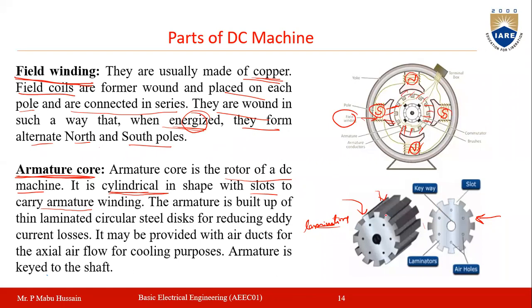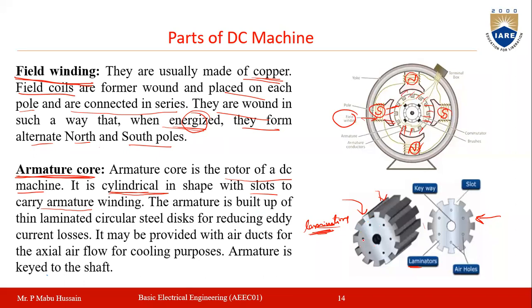Generally you remember that this armature core is a laminated core. Laminated core in the sense that we are not going to use a solid core. We will have laminations, and those laminations are stacked together to form this cylindrical shape armature core. The material to make this armature core is steel only.